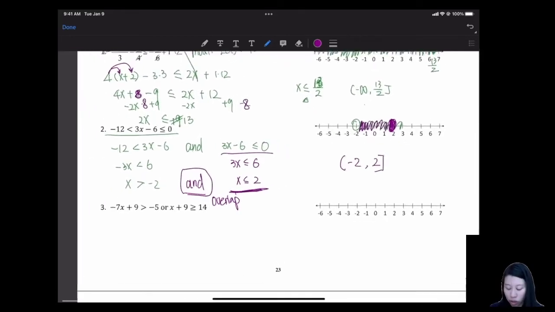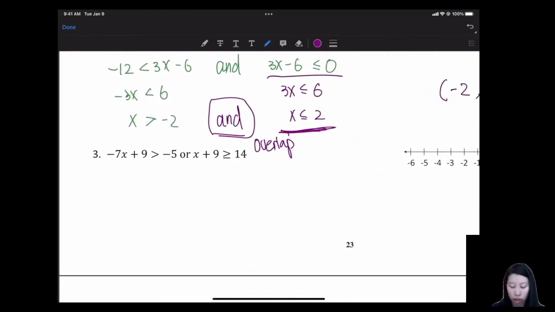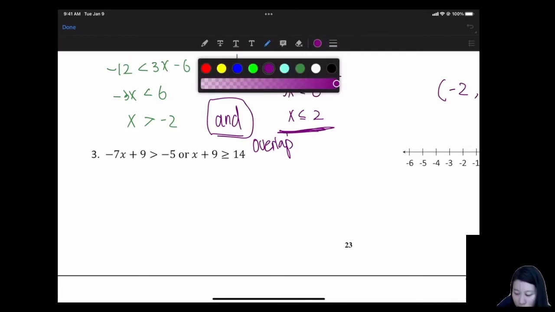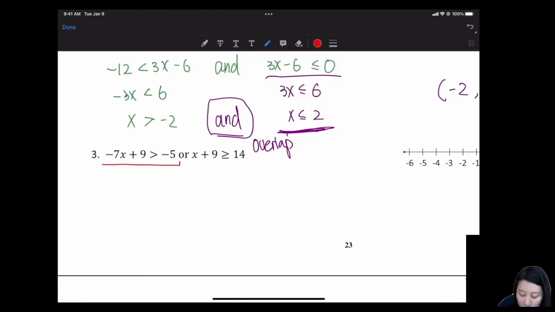Okay, so what does OR mean? We need to solve these two individually. Let me use a different color pen, a red one. So I have negative 7x plus 9 greater than negative 5. So negative 7x, subtract 9 on both sides, I have negative 14.